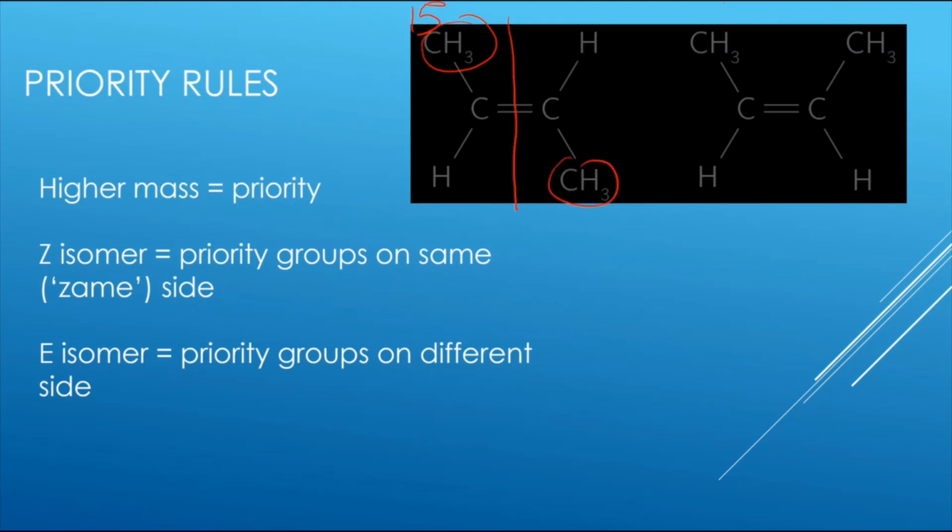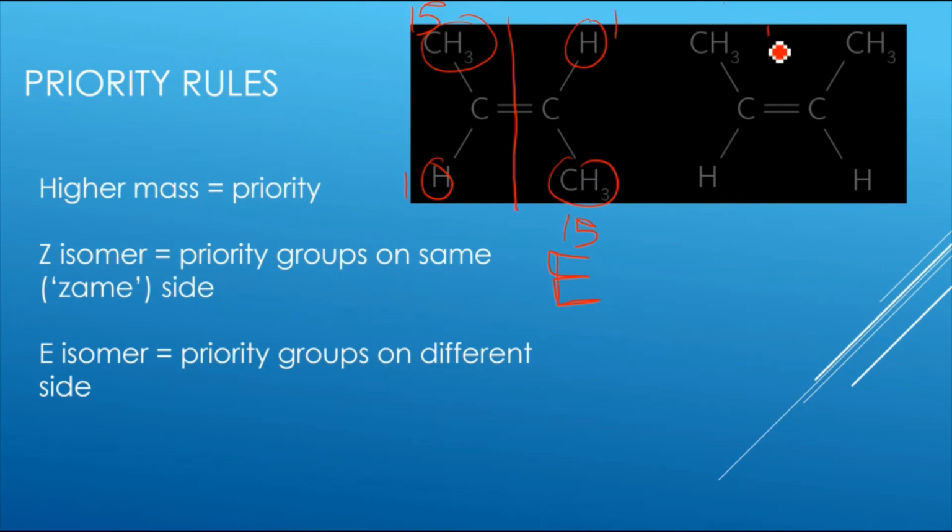We split the carbon-carbon double bond in half and look at the priority groups around each carbon. Again, this has an Mr of 15, whereas the hydrogen has an Mr of 1, so it would not have priority. The priority groups are on different sides in this case, so we would classify this as an E isomer.